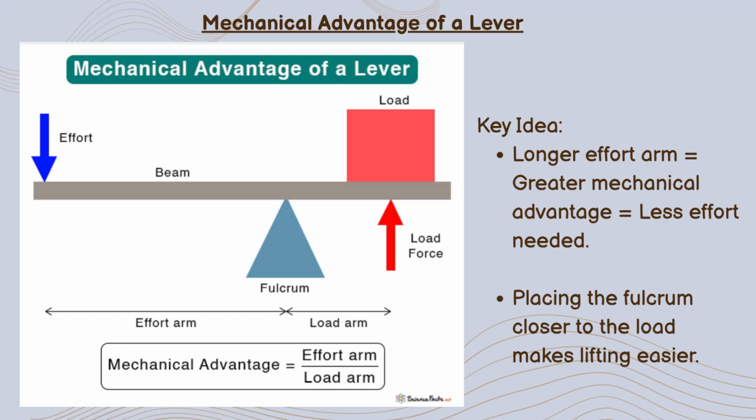The key idea is that a longer effort arm is equivalent to a greater mechanical advantage. And if we have a greater mechanical advantage, there will be less effort needed, so it is inversely proportional. And placing the fulcrum closer to the load makes lifting easier.